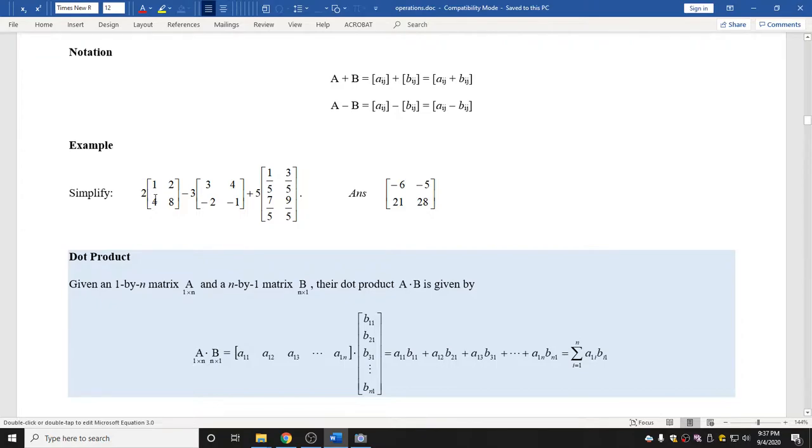Okay, let's do an example. So simplify. I'm going to copy this and we're going to work it out on paper.